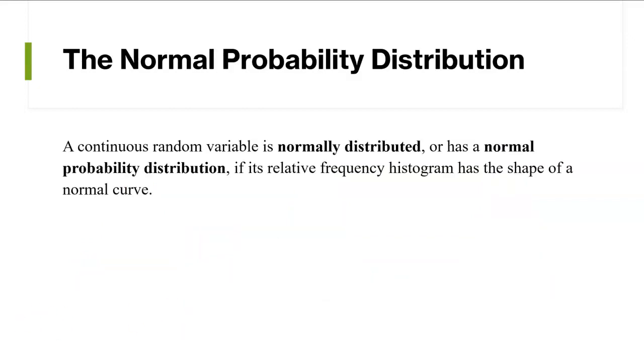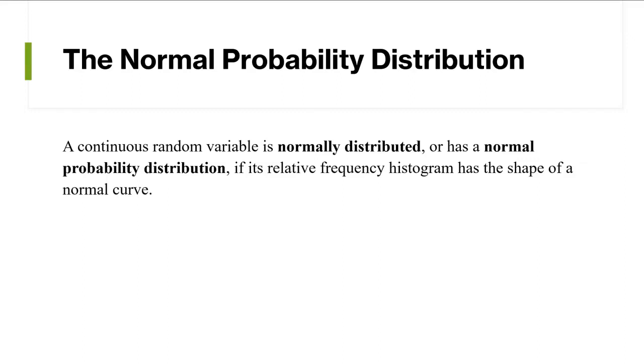So that leads us into the normal probability distribution. We say that a continuous random variable is normally distributed, or has a normal probability distribution, if its relative frequency histogram, which is basically what these are, has the shape of a normal curve.